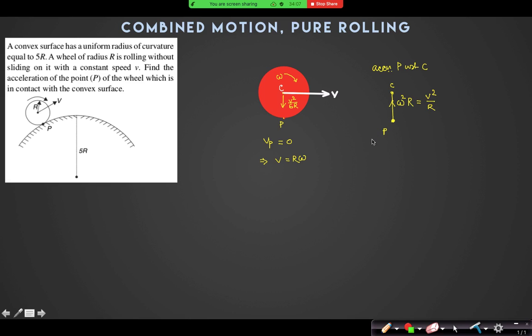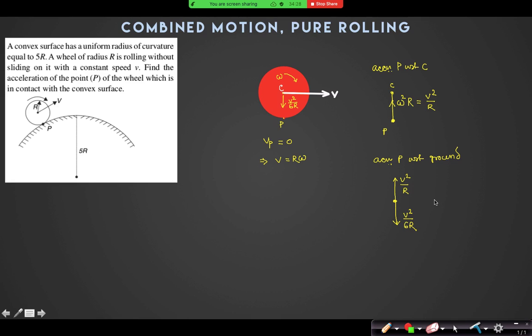So what is the acceleration of P with respect to ground? We'll add vectorially the acceleration of center of mass. In that case, it will be V squared by R in upward direction and V squared by 6R in downward direction.